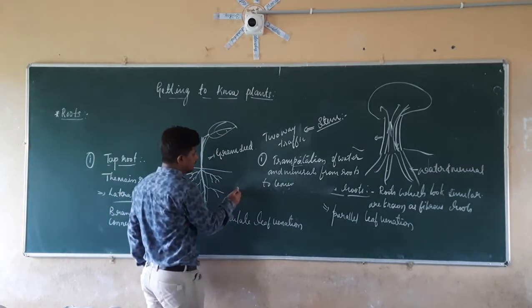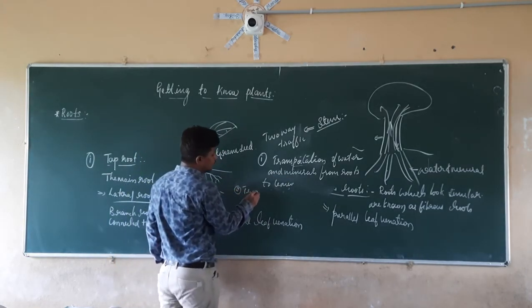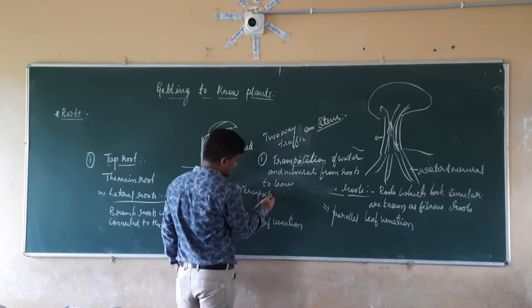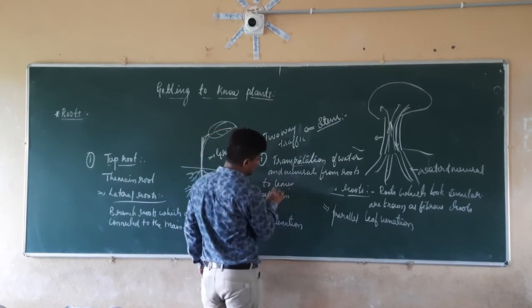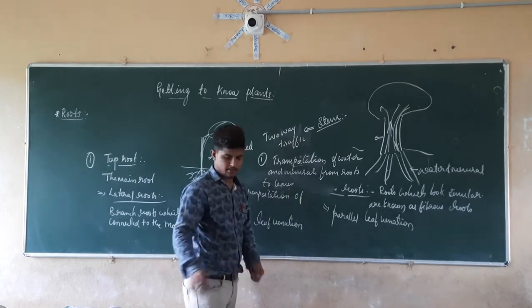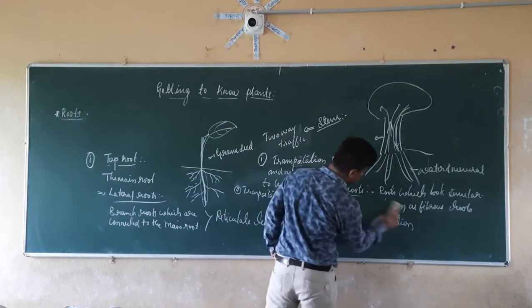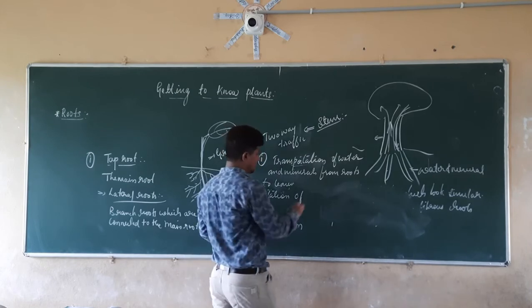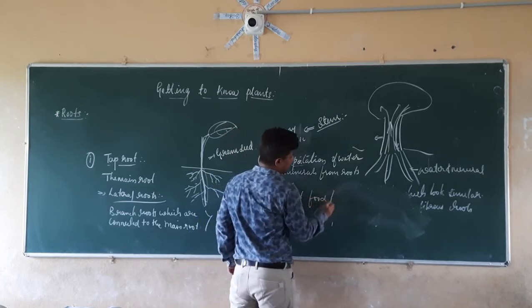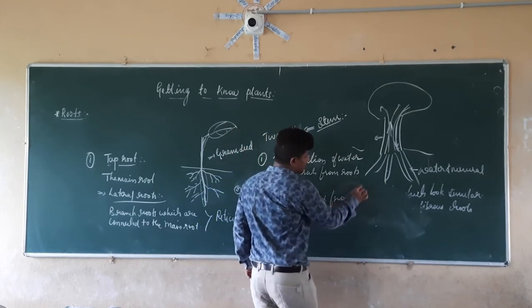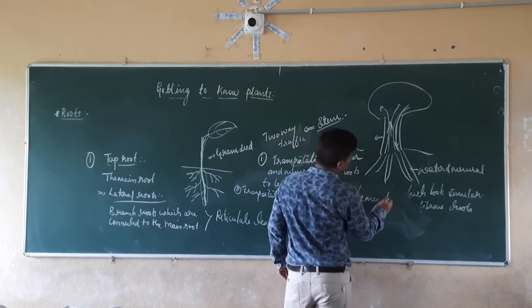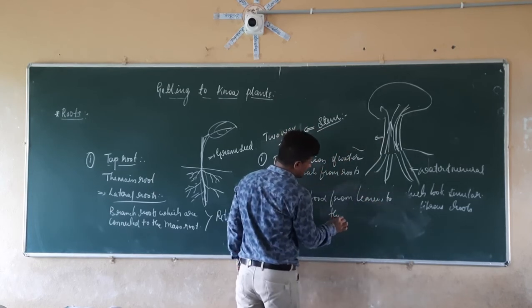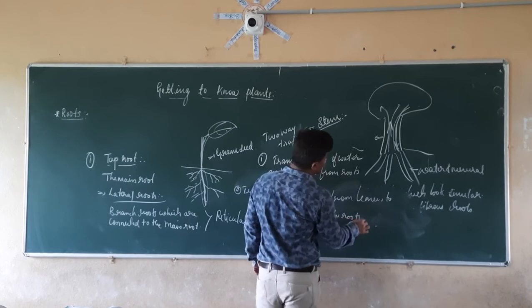Second one is transportation of food from leaves to the roots.